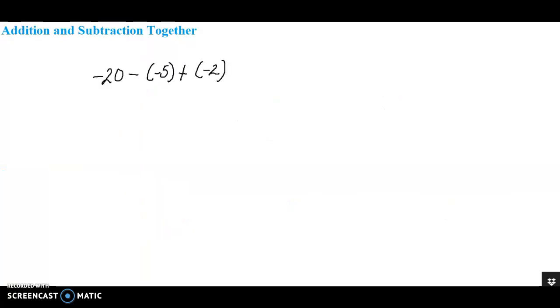Okay, so let's look at this one. A negative 20 minus a negative 5 plus a negative 2. So when we work with the first two here, we'll be looking at a negative 20. Change that subtraction into an addition.